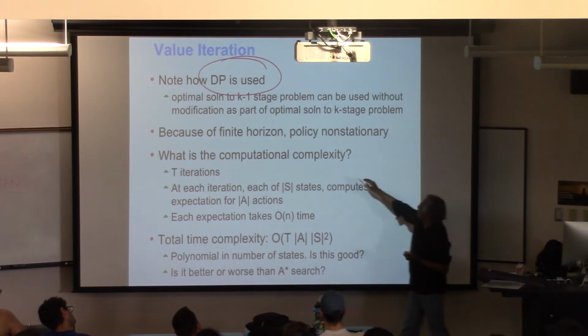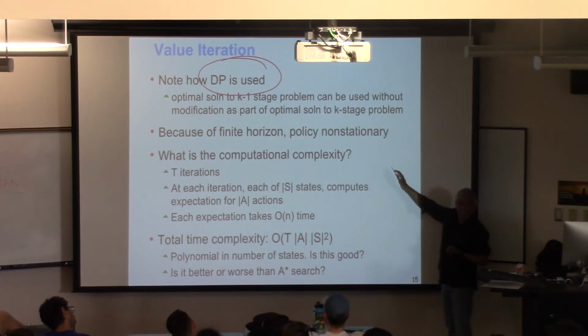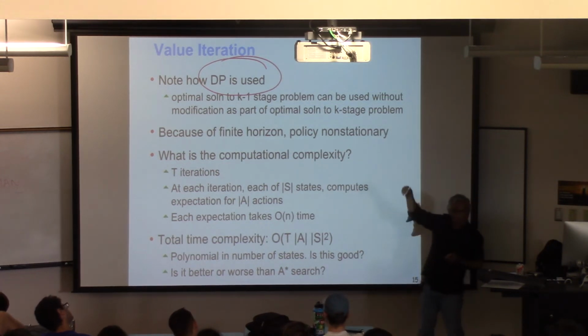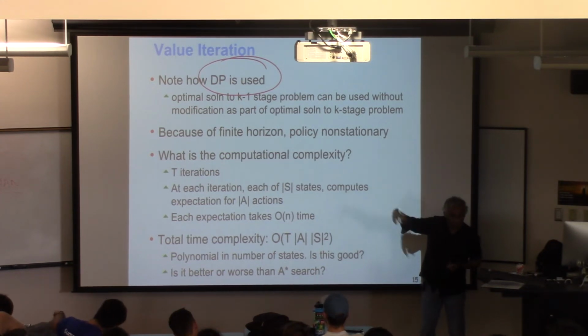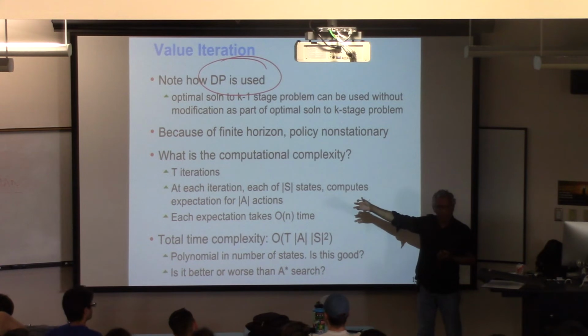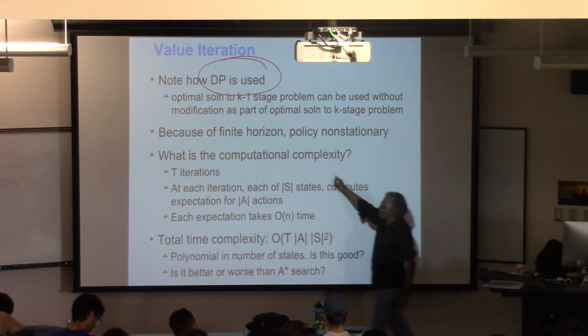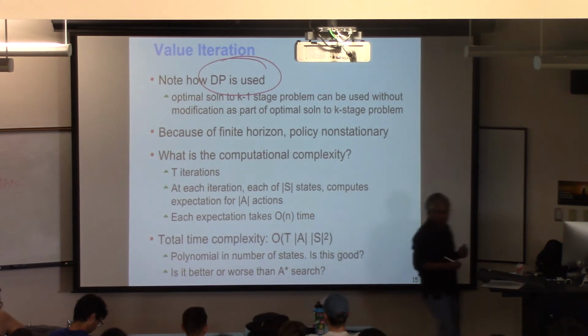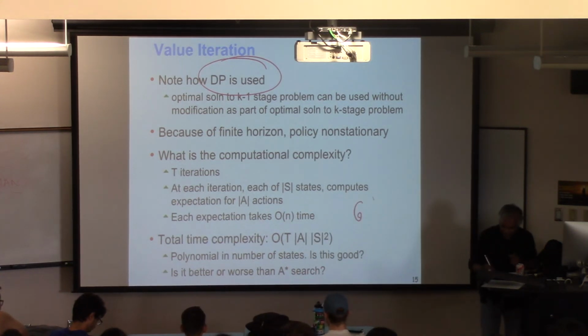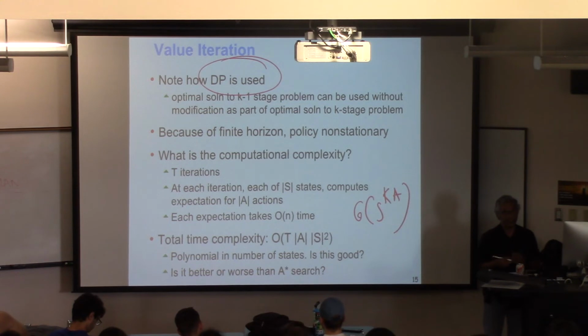Because of finite horizon, the policy is actually non-stationary. That means the action you're supposed to do in any given state changes based on how many steps you have left. Okay? And the computational complexity: the worst idea that we had was O(S^K A), number of states to the power K times number of actions.